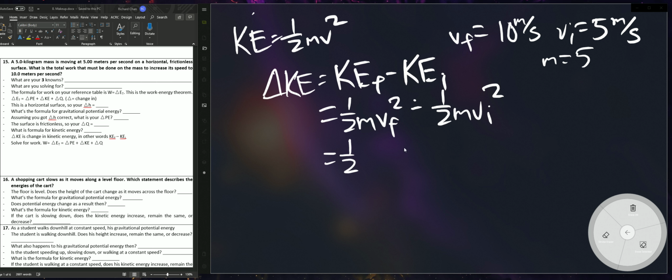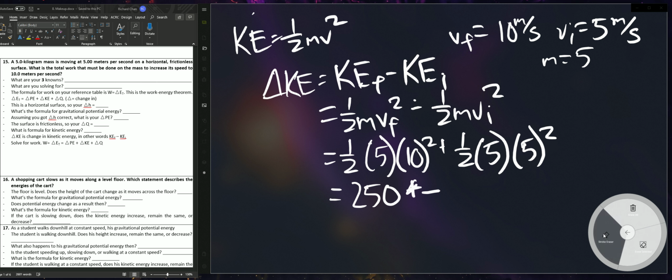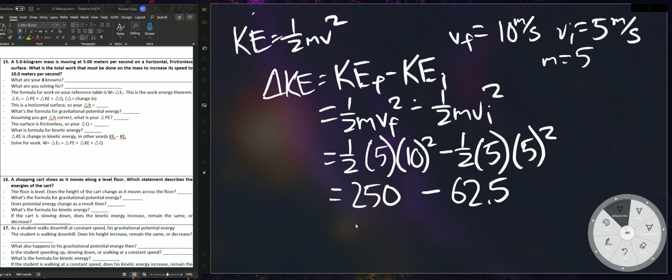So 1/2 times 5 times 10 squared: 10 squared is 100, times 5 is 500, times a half is 250. Minus 1/2 times 5 times 5 squared: 5 squared is 25, times 5 is 125, times a half is 62.5. So that's your change in kinetic energy.